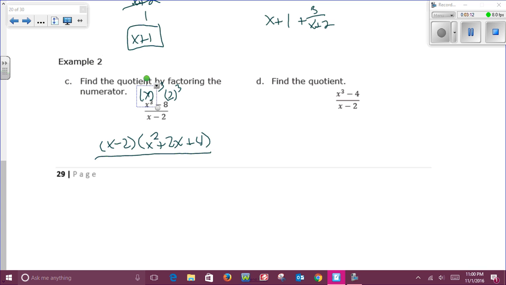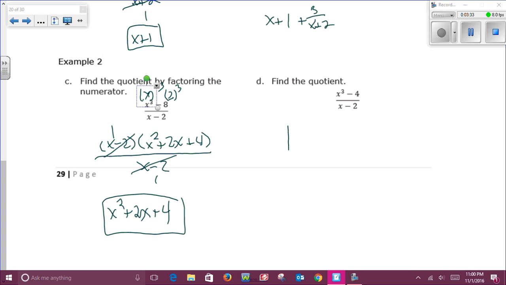That's back in the last packet we did that. If you don't remember how to do it by factoring, you're going to have to do some sort of division. So x minus 2's cancel out, so I'm left with x squared plus 2x plus 4 for my final answer.